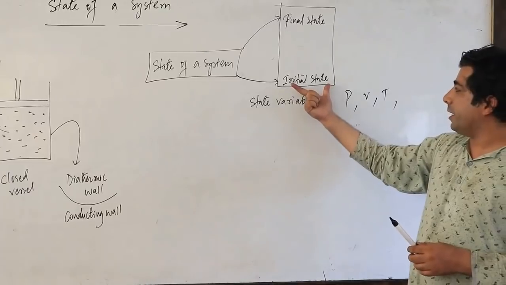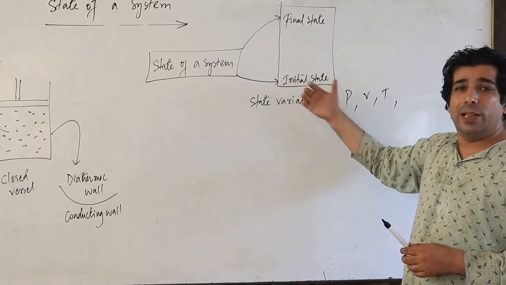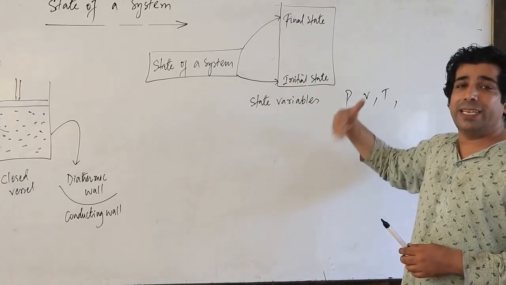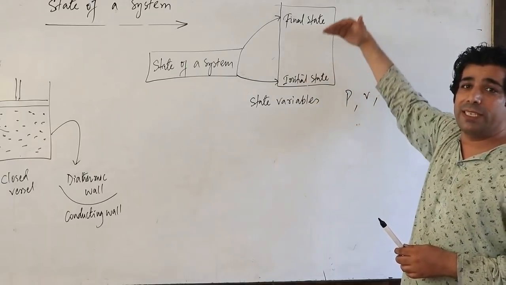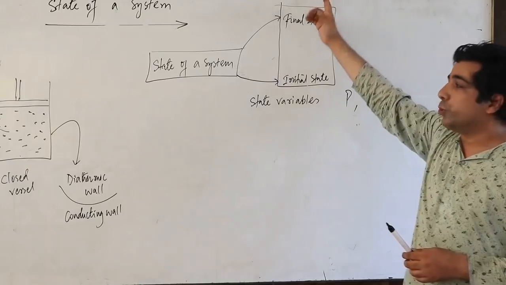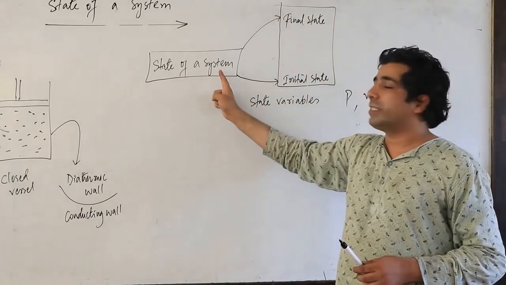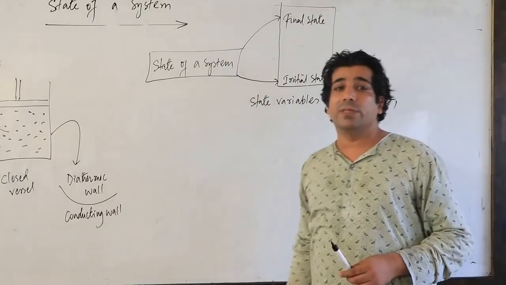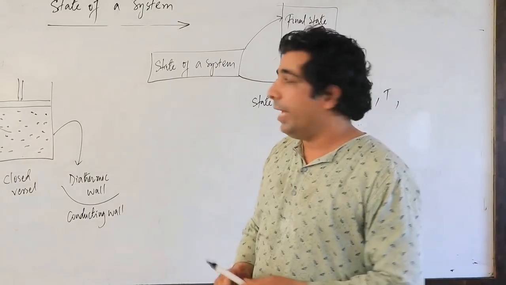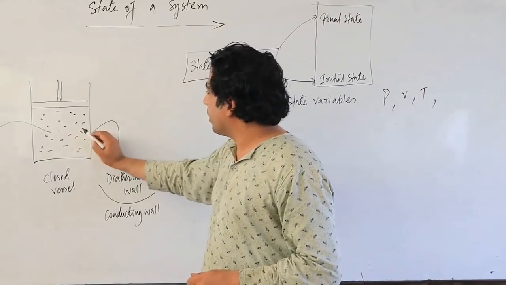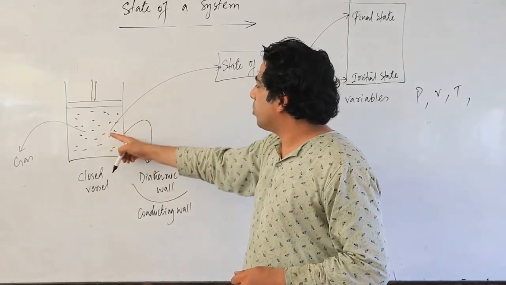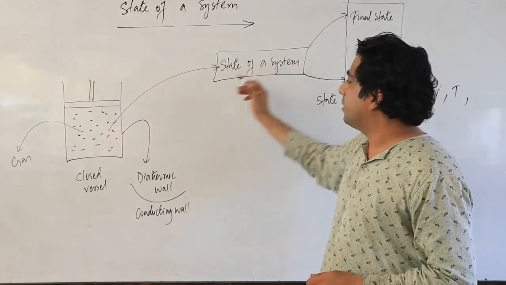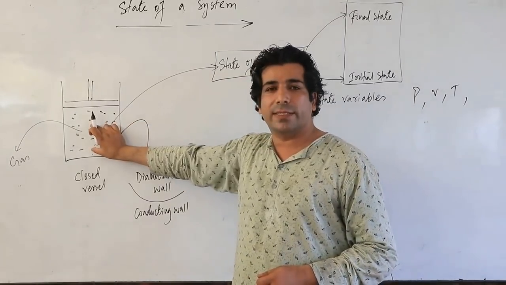At initial state, let us suppose pressure is low. And then you are increasing the pressure. So obviously initial state has low pressure and final state will have the high pressure. So that means the state of a system has changed, in terms of pressure. And let us think that we are talking about this particular gas. Let us suppose this is the gas here. And we are talking about the state of a system, means the state of this particular gas.